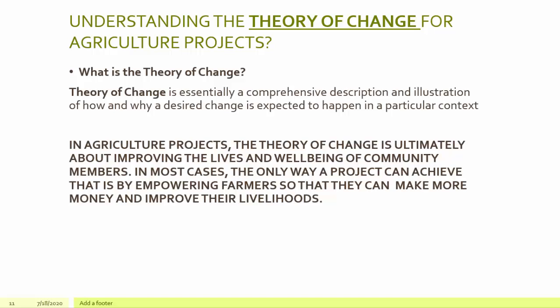So one of the things these agriculture projects do is to improve the income levels. In agriculture projects, the theory of change is ultimately about improving the lives and well-being of community members. And in most cases, the only way a project can achieve that is by empowering farmers so that they can make more money and improve their livelihoods. So that is what these projects do.